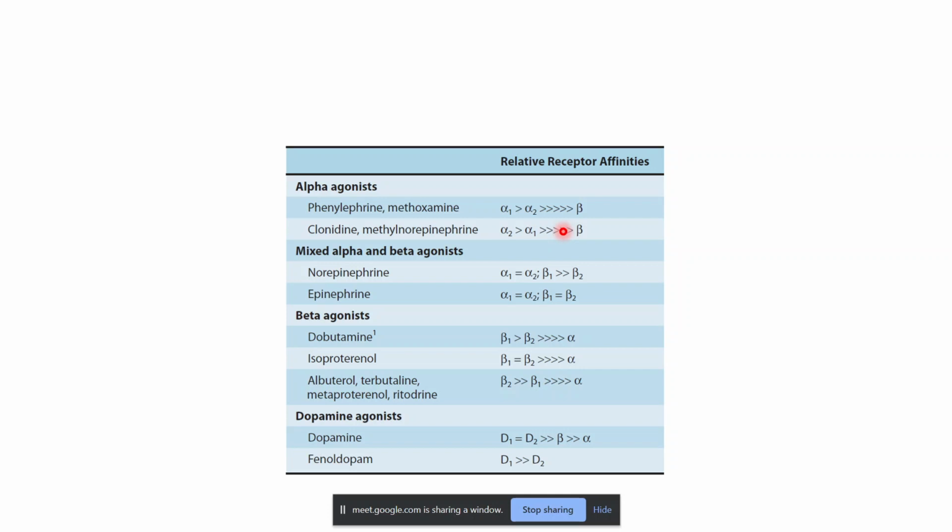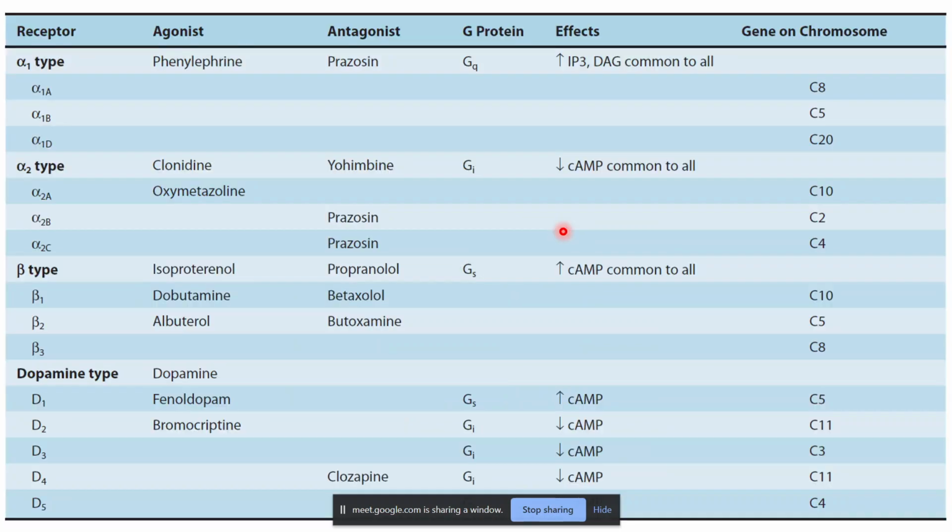The development of selective antagonists revealed the presence of subtypes of these receptors, which were finally characterized by DNA molecular cloning. We now know that unique genes code the receptor subtypes.